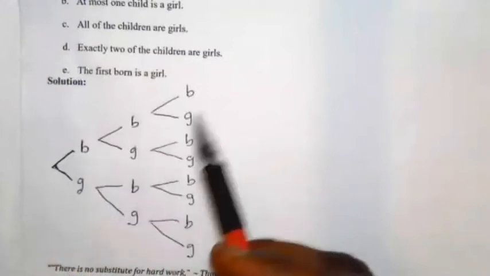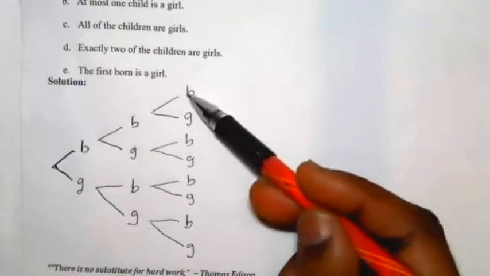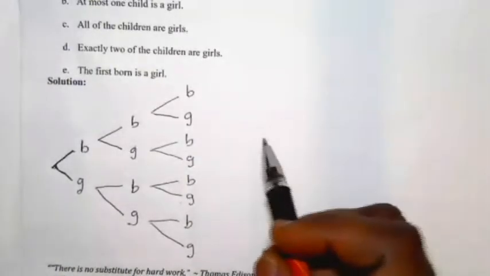So how do you read the outcomes? To get the outcomes, you follow the branches and the nodes until we get to the final node. This is the final node here. So this is how I'm going to read it.